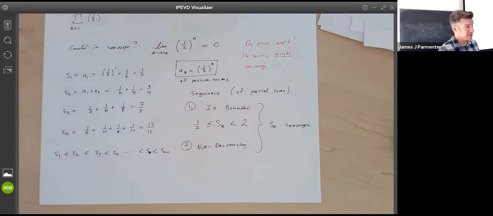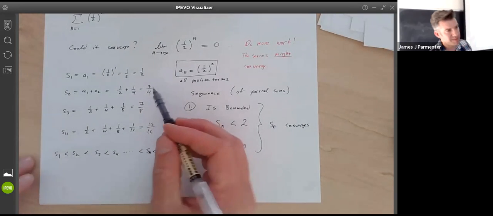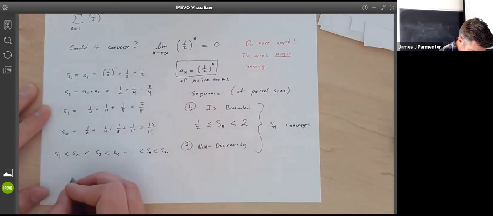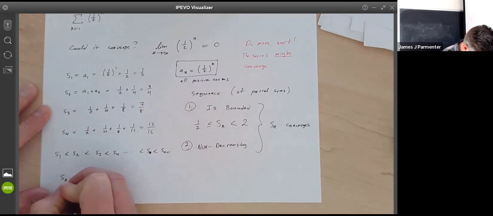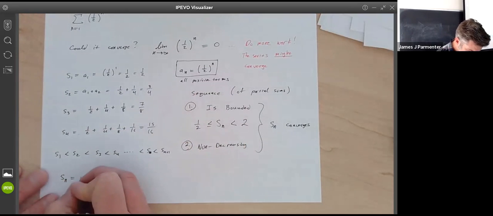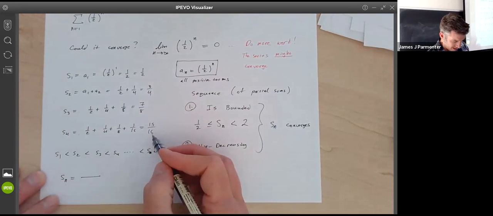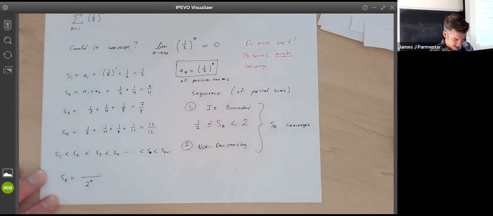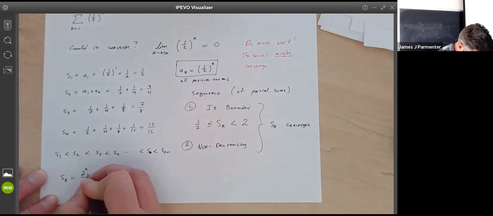So how do we actually see what it's converging to? Well, we have to find a formula for the sequence of partial sums. And sometimes you can just see it by inspection. Here we can see it looks like the nth partial sum has a denominator that is the nth power of 2, and the numerator is 1 less than that.